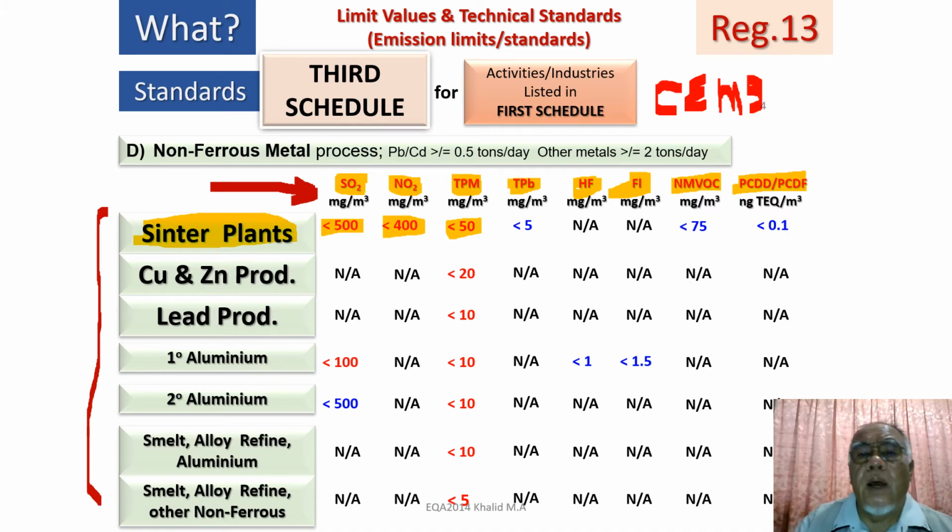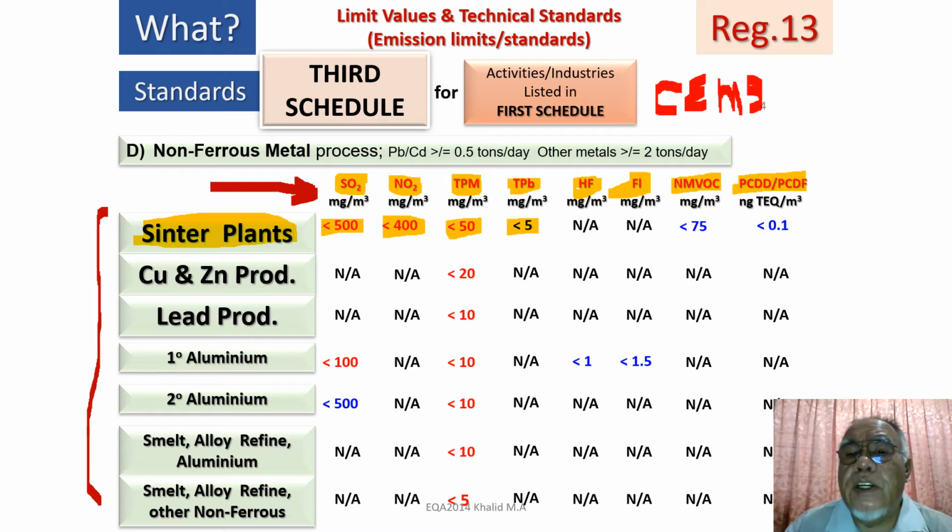Okay, now the next parameter is, look, total lead, TPB. Now the font is blue, right? And this law in this particular segment doesn't state how often they have got to do sampling and analysis, meaning the frequency of monitoring is not stated in this particular regulation.